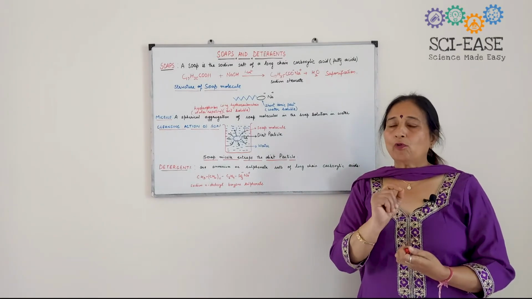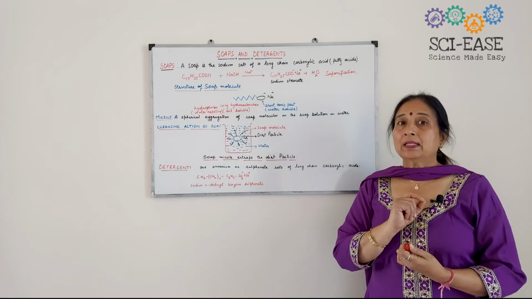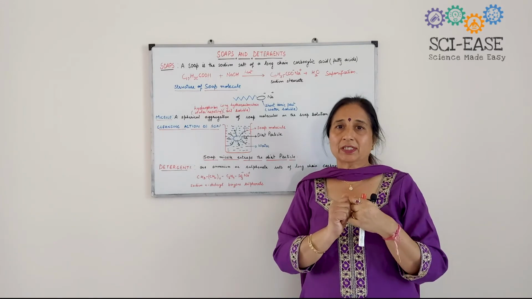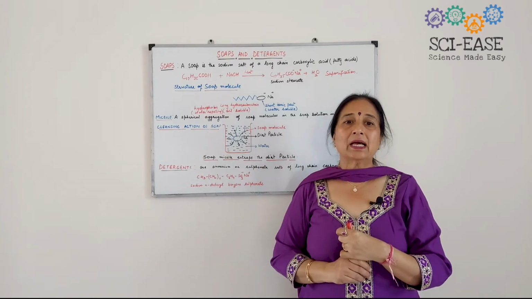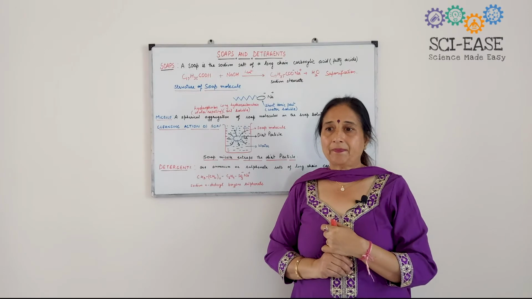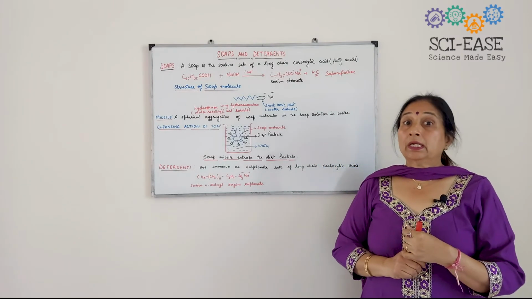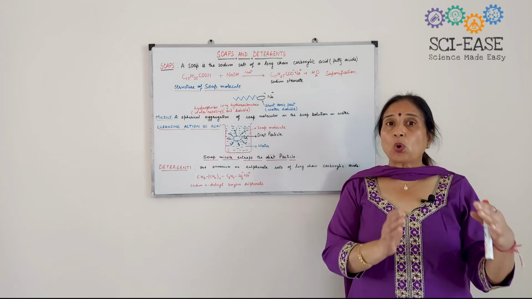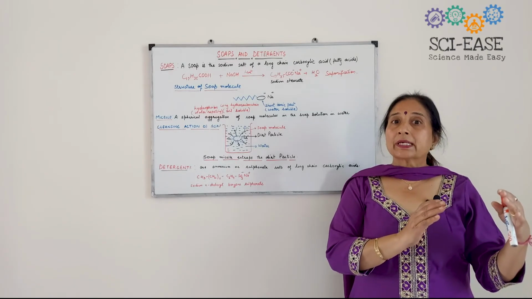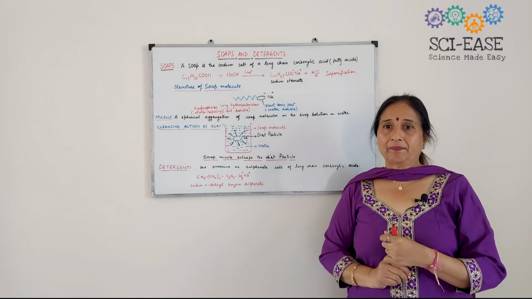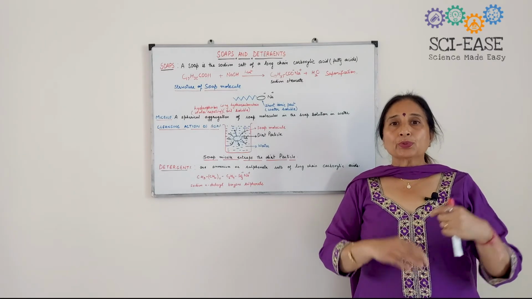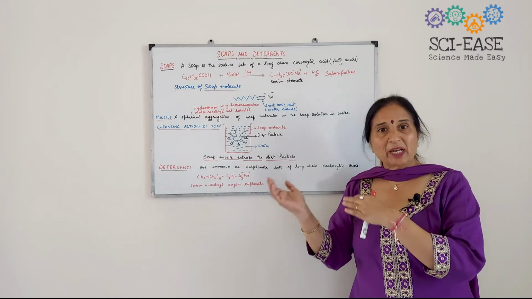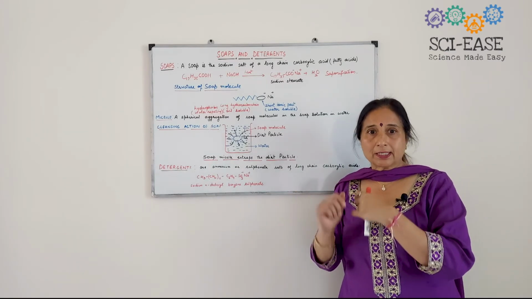One thing I want to tell you here is that sometimes we say that water is soft and sometimes we say that water is hard. In hard water, there are salts of calcium or magnesium. Due to the sulfates or carbonates of calcium and magnesium, the water becomes hard.